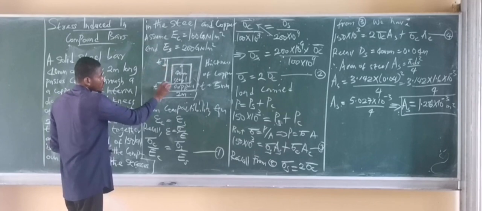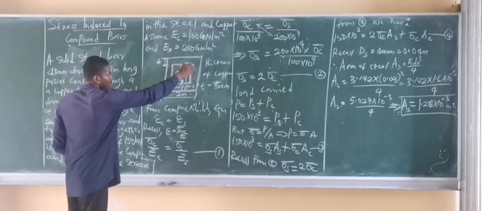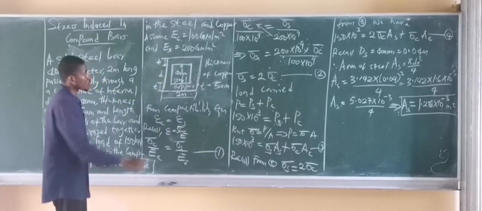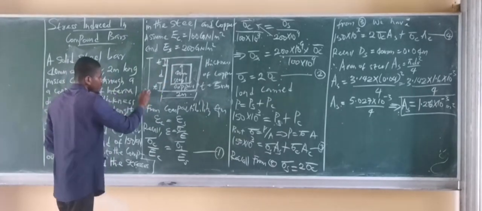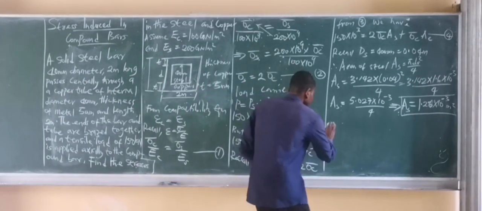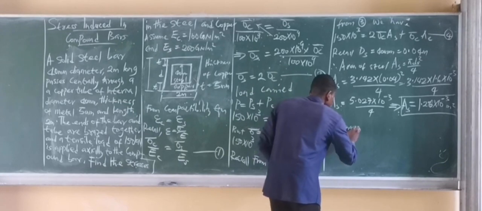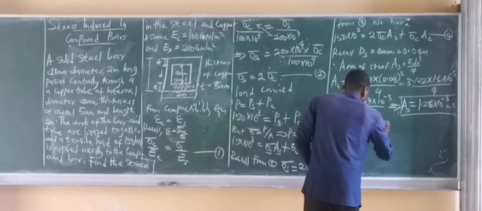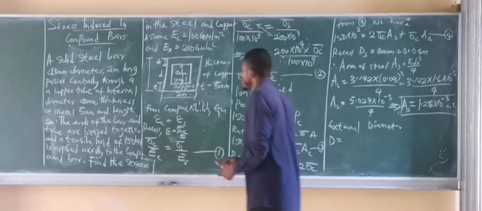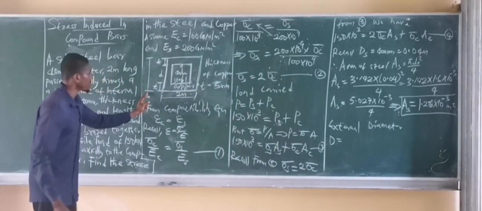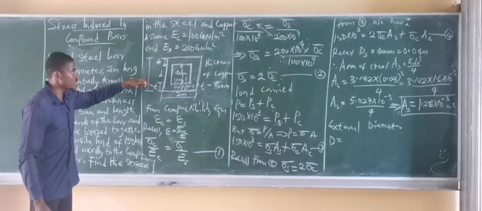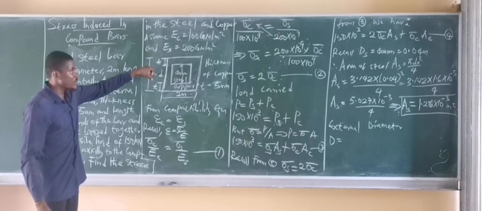Meanwhile, from this point to this point is the internal diameter of the steel, which is also the internal diameter of the copper, D. So to obtain the external diameter of the copper, this is how you find it. External diameter of copper, G, is the sum of all the values you have here: T plus D plus T. So T plus T will give us 2T plus D. So that's how we get the external diameter.